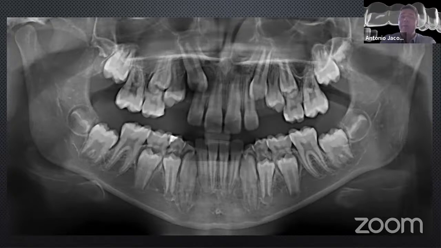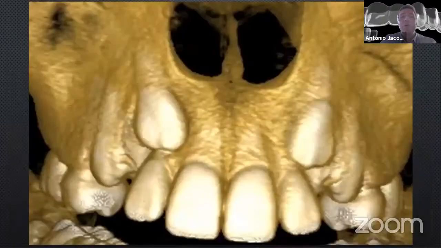And we know that maybe we can have a root resorption on the lateral at this time. So I made a decision to change the position of the roots of the lateral incisors, moving the roots towards mesial, to maybe change the path of eruption of these canines. So that's what we did.